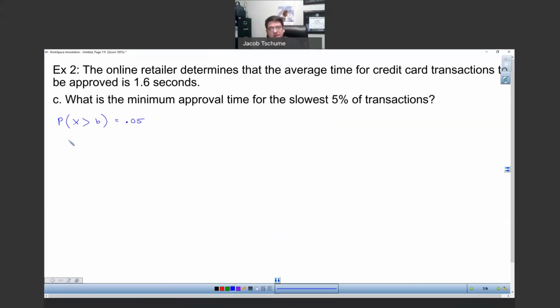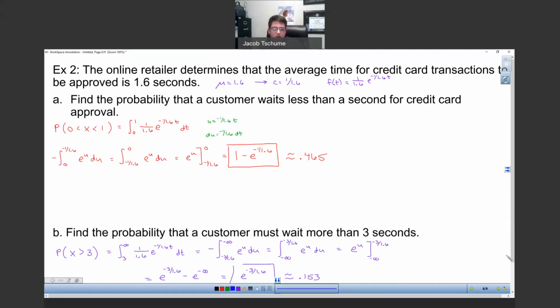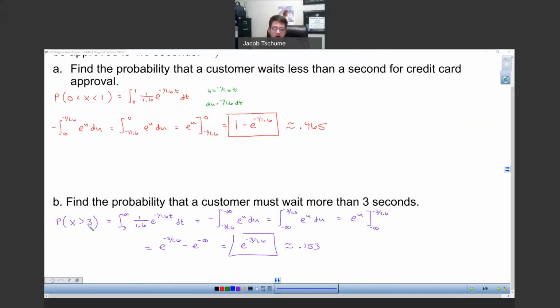Now here's where you can kind of be nice. Notice this, and notice what we did back here on part B. We just did a very similar formula, and we found out that when we did the probability of X being bigger than 3, that 3 was just the numerator of the E part of the exponential density function.